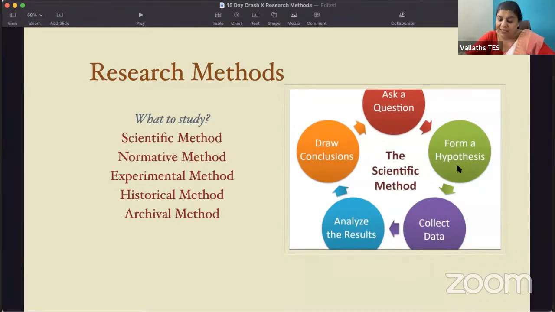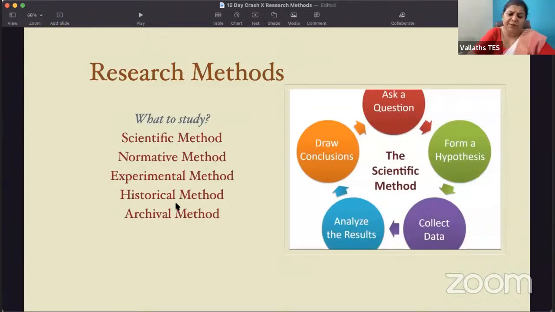And then you collect data, you test your prediction, analyze the results, finally draw conclusions. This is the objective method. This scientific method of research started from Francis Bacon. Okay, guys?